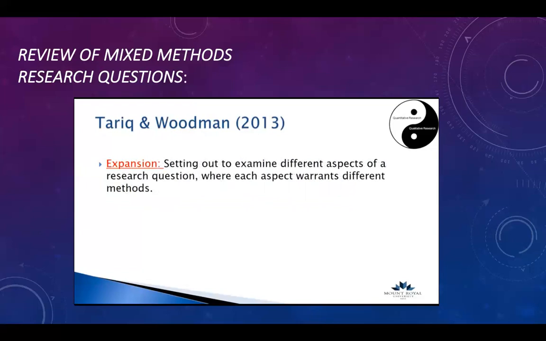Expansion is setting out to examine different aspects of a research question where each aspect warrants different methods. An example of this would be a study that explores medication adherence as a broad concept.